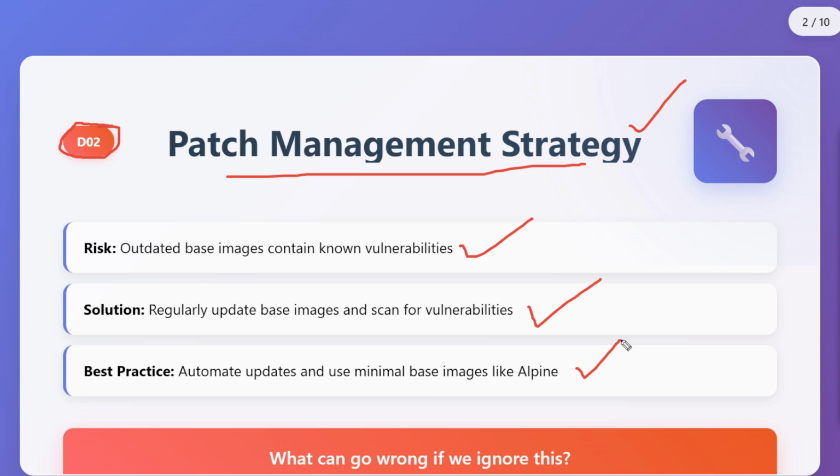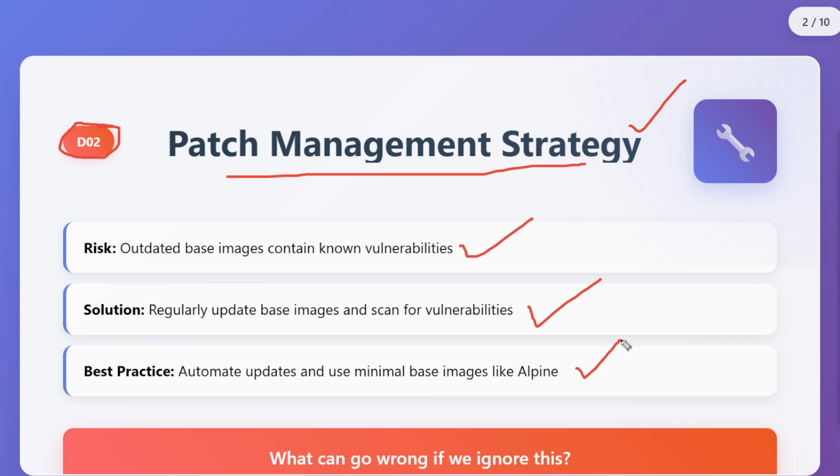Use CI/CD pipelines to rebuild images periodically, integrate vulnerability scans into the pipeline, and prefer minimal base images like Alpine, which are lightweight images. Basically they have fewer packages, which means the attack radius also will be reduced.